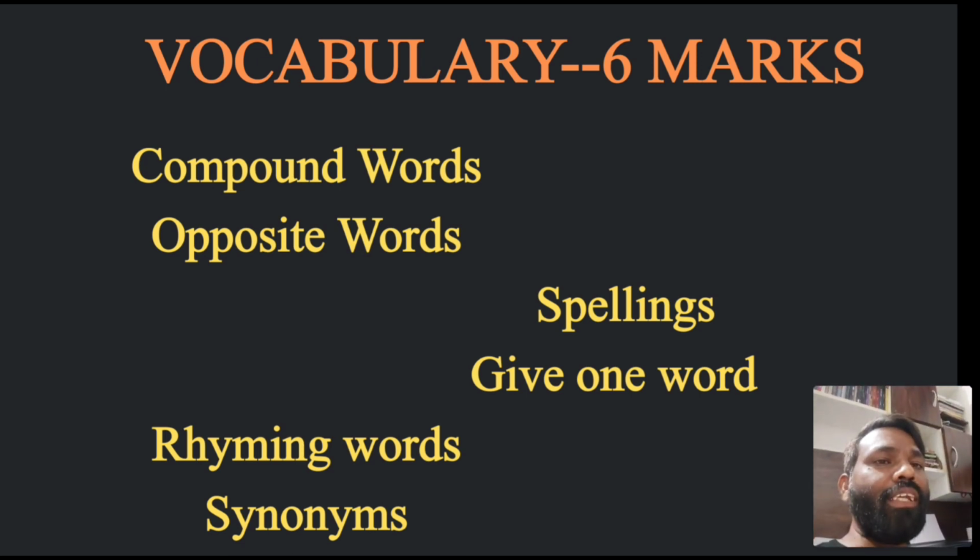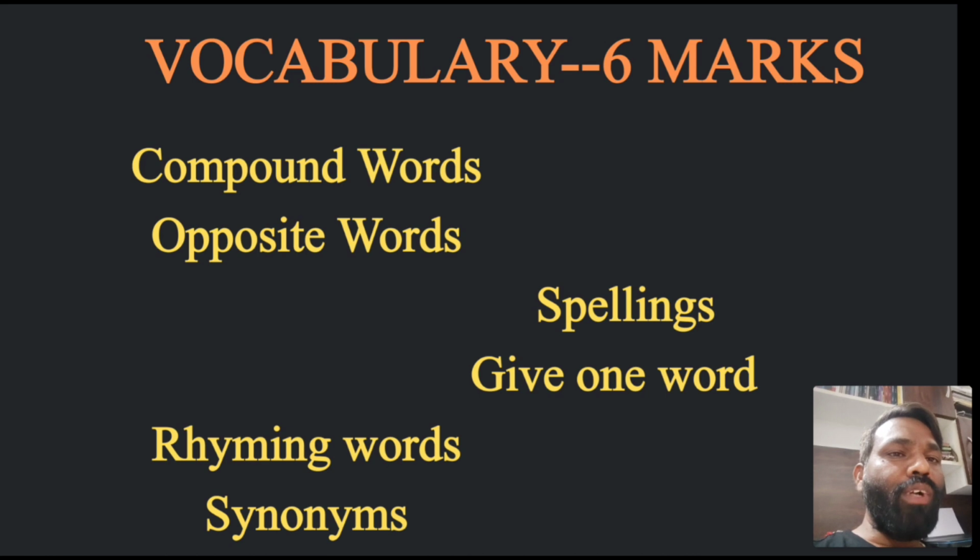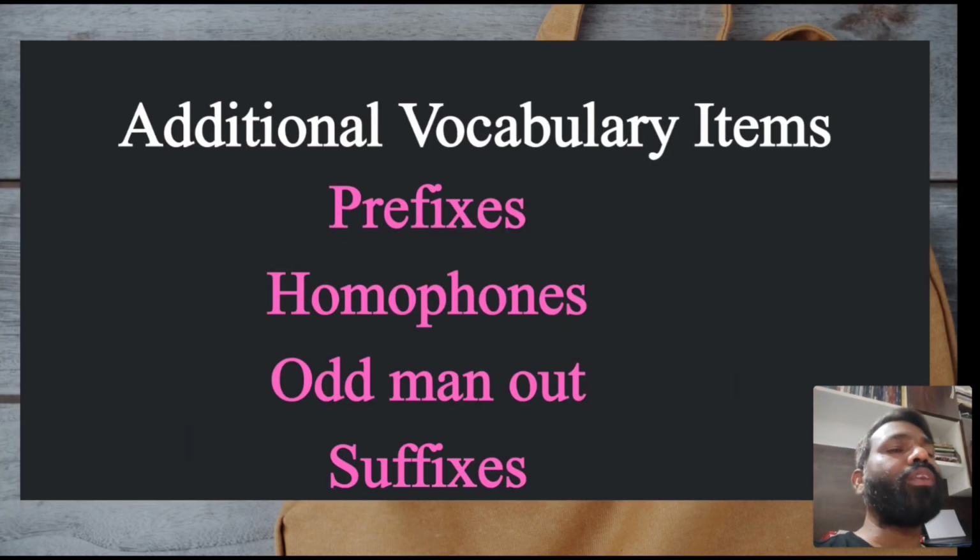Once again, the vocabulary part carries 6 marks, and compound words, opposite words, spellings, given word, rhyming words, and synonyms are there. But apart from this, we have some additional vocabulary items in our textbook.